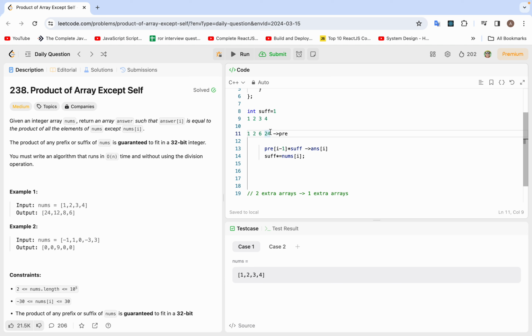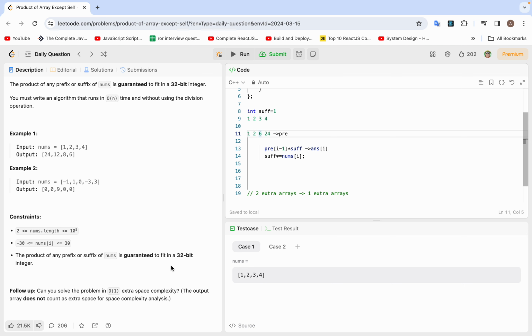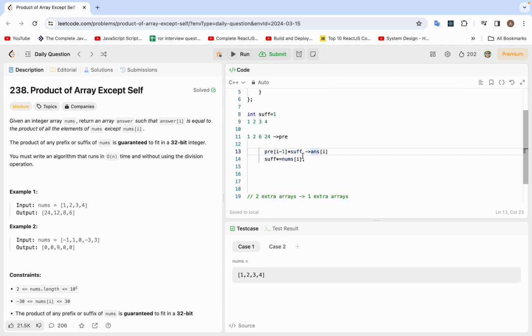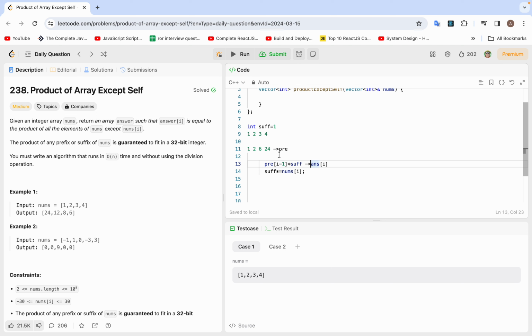The follow-up question is to solve the problem in O(1) extra space. So it means we can further optimize it, I think. Okay, so let's think. Don't take an extra prefix array.